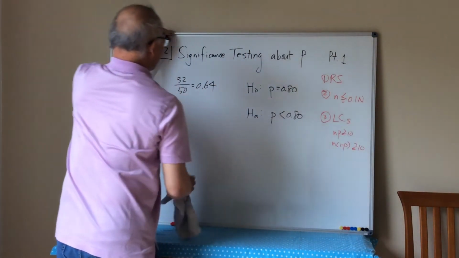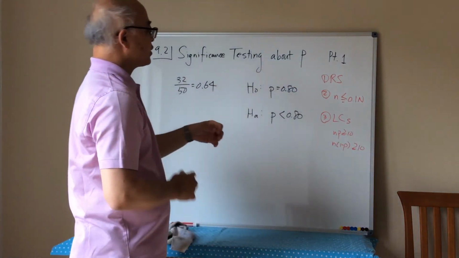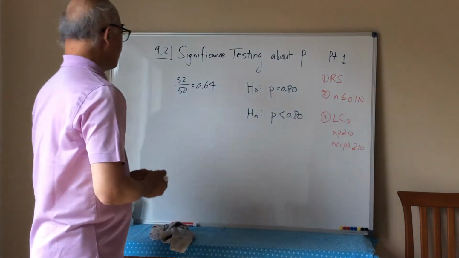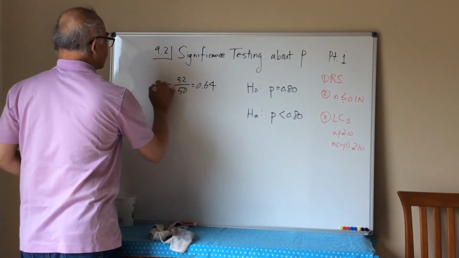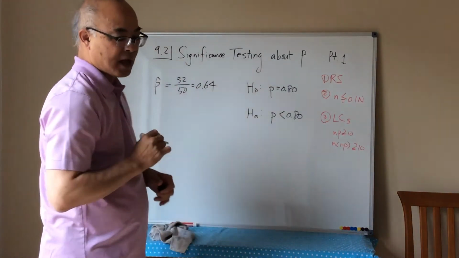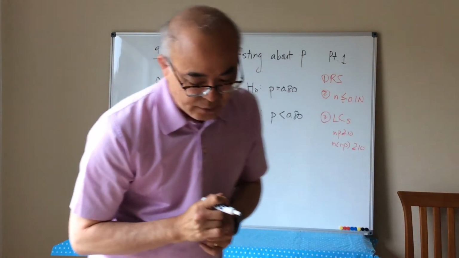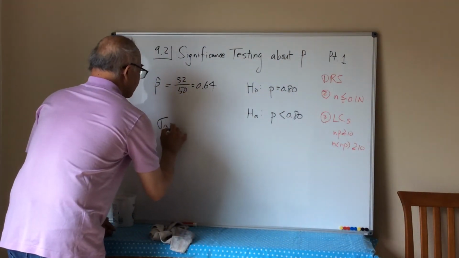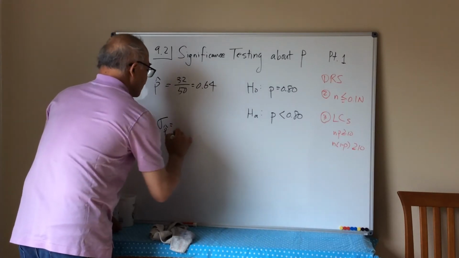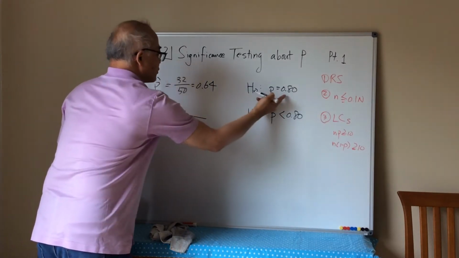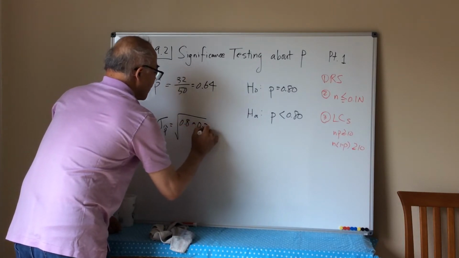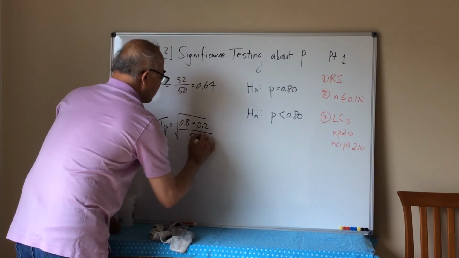Let me restart this. The actual proposed value, the p, is what we're going to go over here. This was p-hat, right? And we learned that the standard deviation of p-hat is the square root of p times 1 minus p over n. We're actually going to use the p here: 0.8 times 1 minus 0.8 over 50.